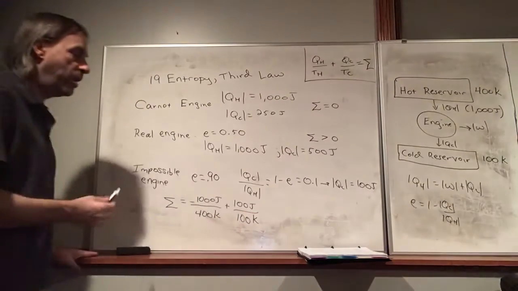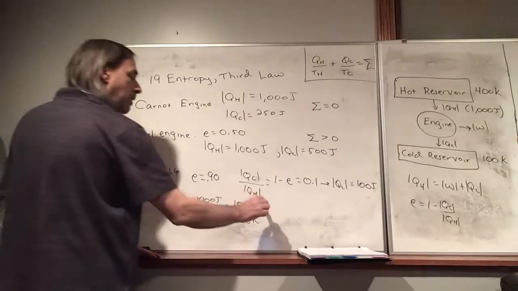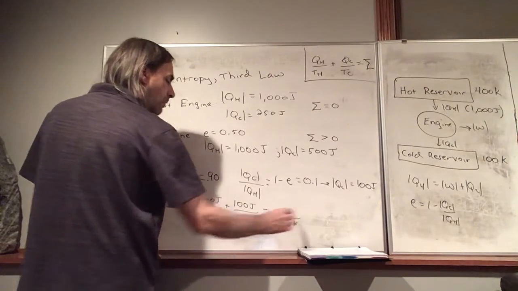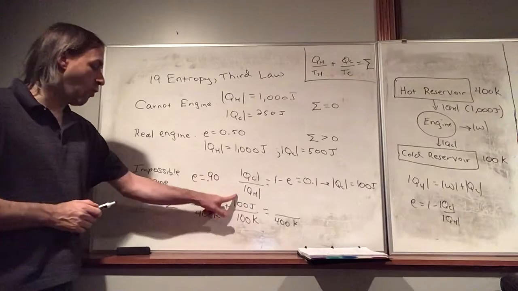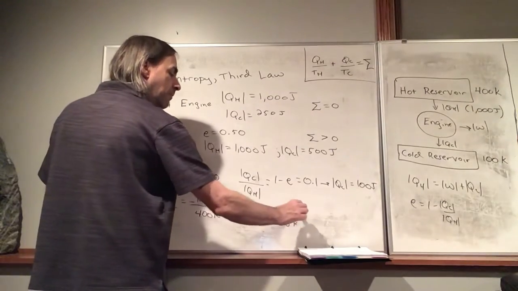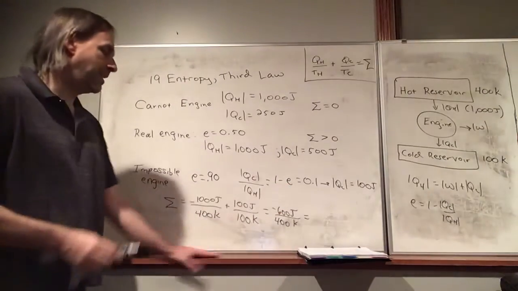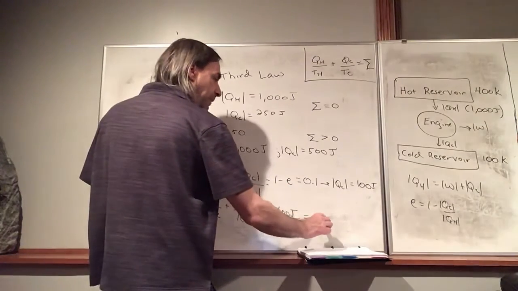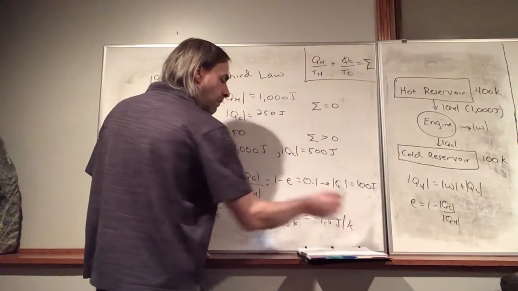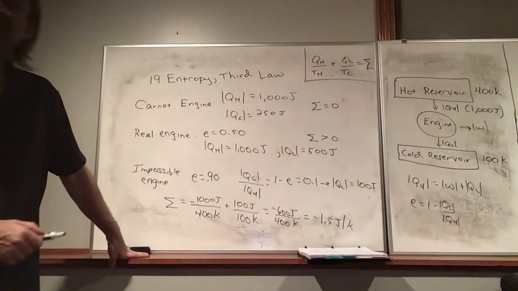And so again, if we get a common denominator of 400 Kelvin, we multiply that. So that's 400 minus 1,000. This would be minus 600 joules. So this is what, minus 1.5. And the key here is that negative sign.